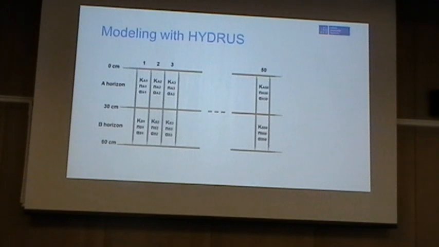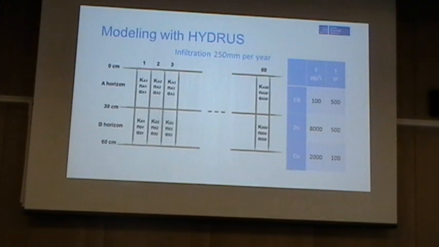It is divided into 15 soil columns for each soil horizon, and each one has a single set of K and N, and certainly also the scale factor alpha. The infiltration rate was set at about 250 millimeter per year, and the input concentration for the different heavy metals and the simulation term are listed here.